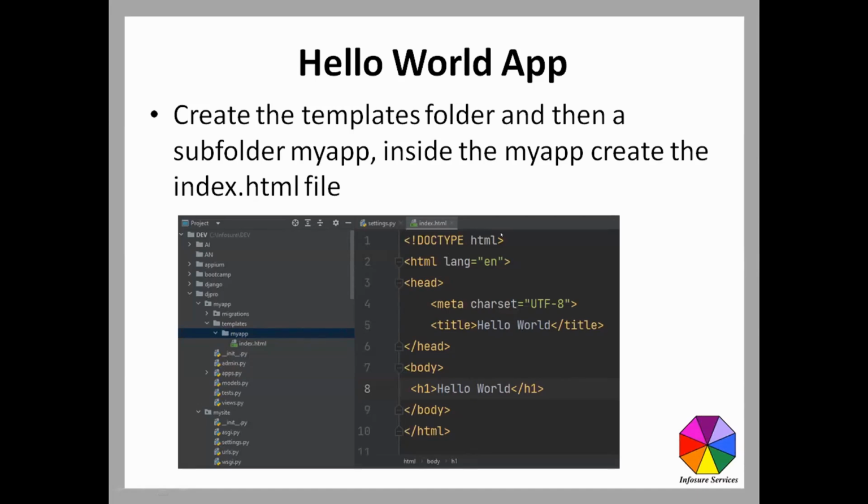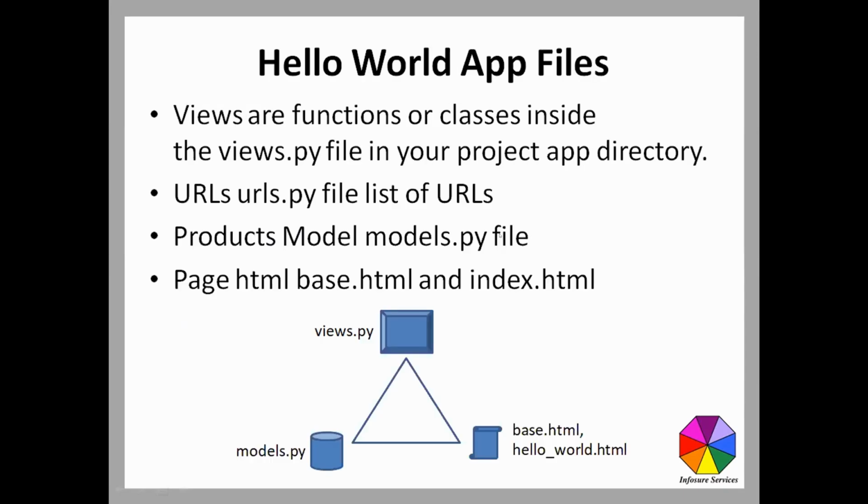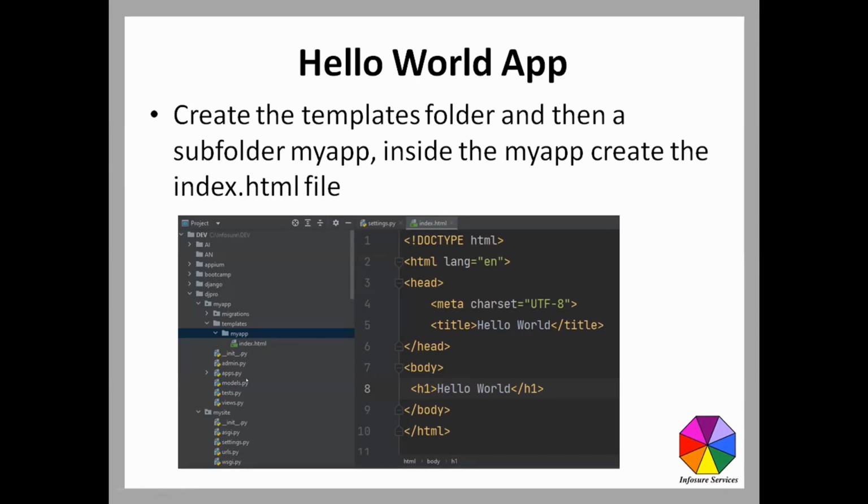Then go on to code the view like this. Views are functions inside views.py. This views.py is also given to you under the app. Under my app, these standard file names will come and be available.